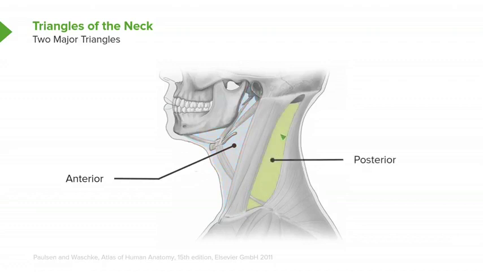That then leads us to this green-colored region, which represents the posterior triangle of the neck. Its posterior boundary is seen right along here, and that represents the trapezius muscle.